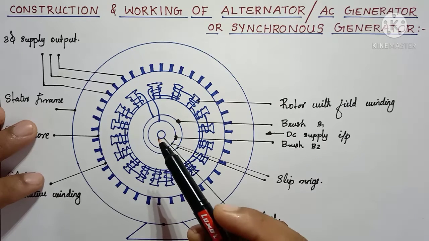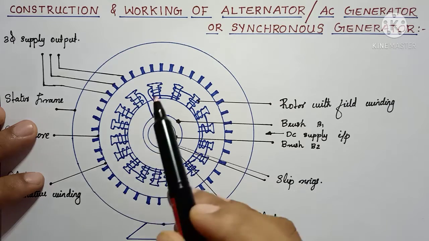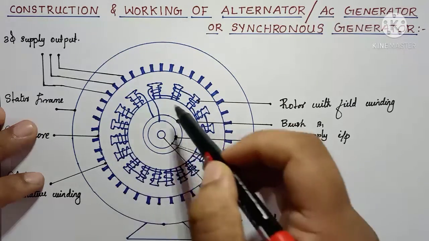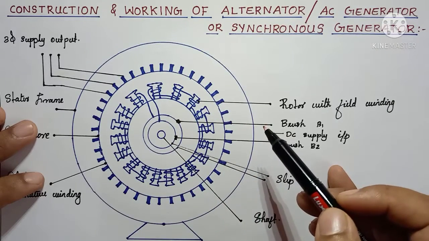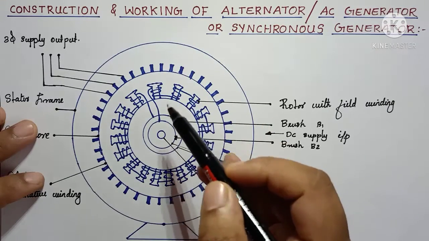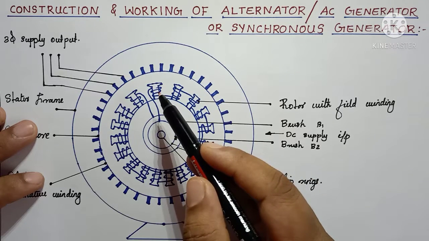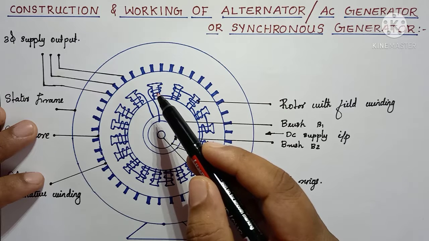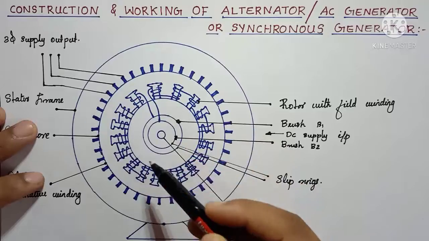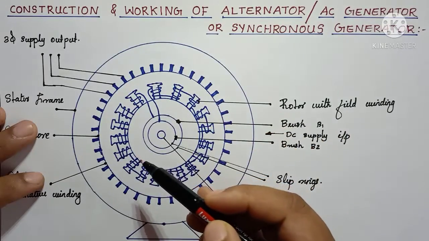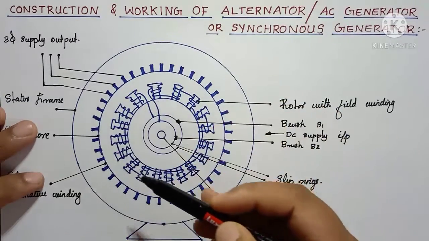So due to the rotation of the turbine, the rotor starts rotating. And if we are giving excitation to the field windings, then what will happen? The field windings get excited and flux is produced in the field windings. And due to this rotating motion, the produced flux will also rotate along with the rotor.